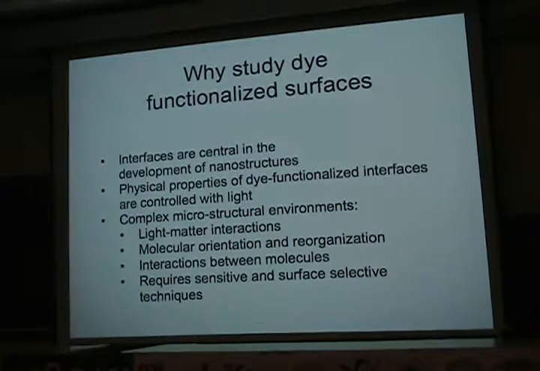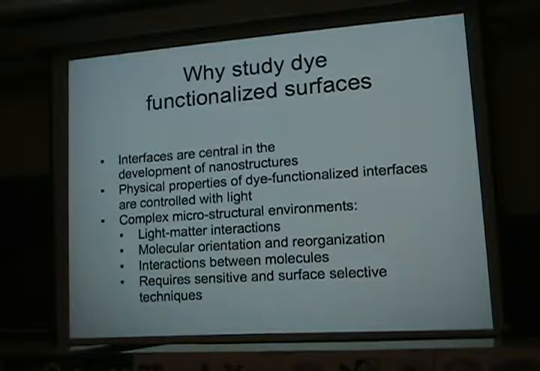Generally I have to introduce this topic, but the basic umbrella under which all this falls is: why would you want to study dye functionalized surfaces? As nanostructures become more prevalent, ways of controlling surface properties become more important. Light controllable systems allow you to have that kind of control over the surface of a nanostructured environment.